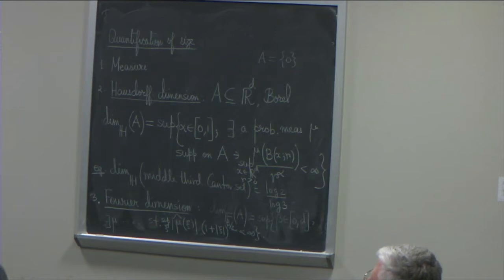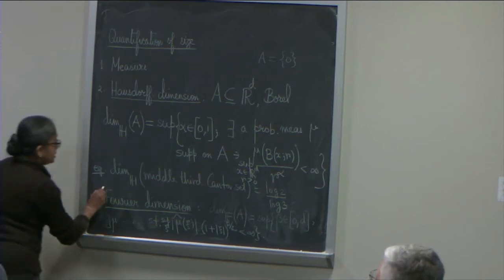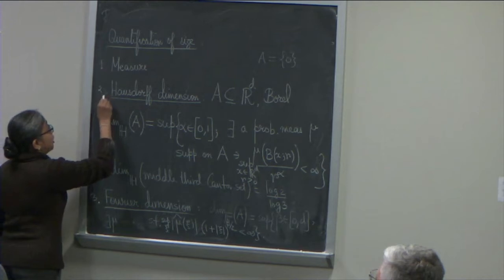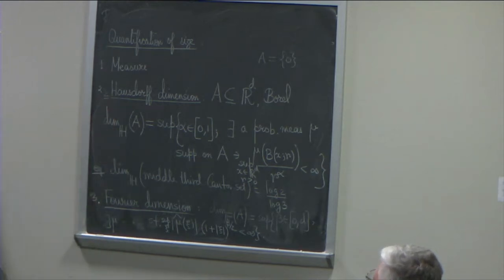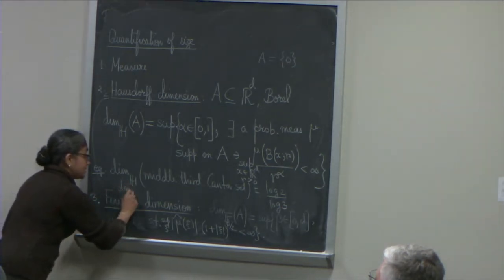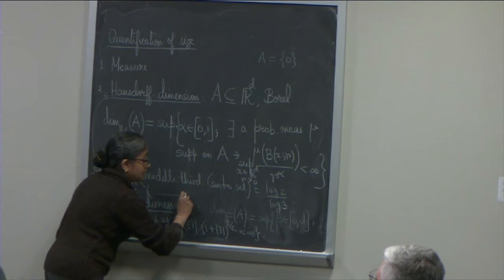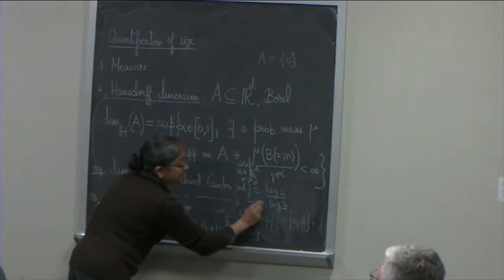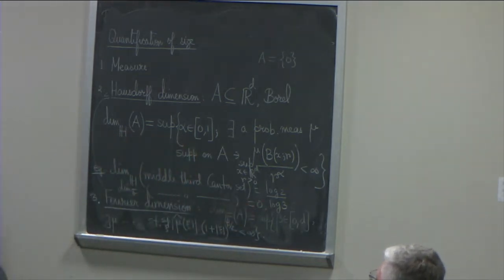First of all, it is known that the Fourier dimension is always less than or equal to the Hausdorff dimension. In particular, for the middle third Cantor set, this is 0. On the other hand, for many sets, especially random sets, they are equal.